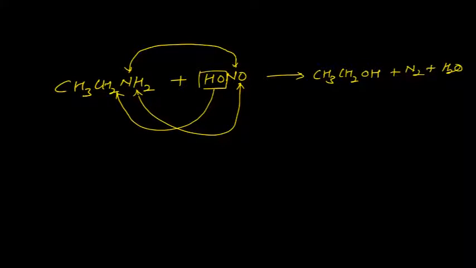So primary amine, if it is aliphatic, produces alcohol. Then it is not diazotization. But you need to remember both directions. And then you will be able to recall easily. If it is primary aromatic amine, it will be diazotization. If it is primary aliphatic amine, it will be formation of alcohol, primary, and nitrogen gas will be evolved.